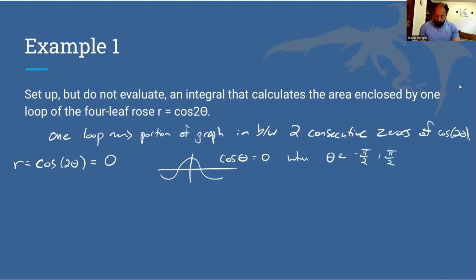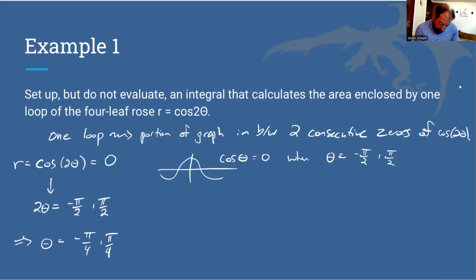Here I've got cosine of 2 theta, so I want 2 theta to be either negative pi over 2 or pi over 2, so that the cosine of those is 0. And that means that theta itself is minus pi over 4 or pi over 4.